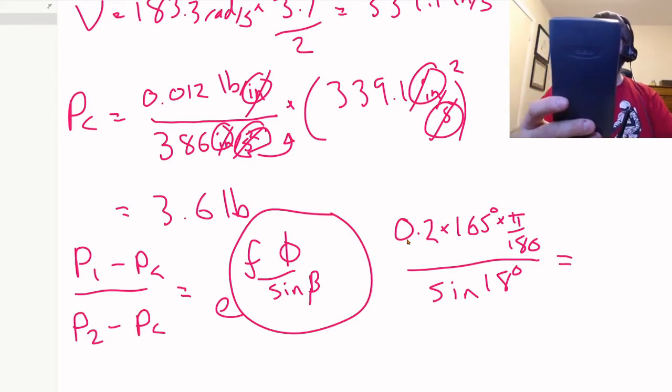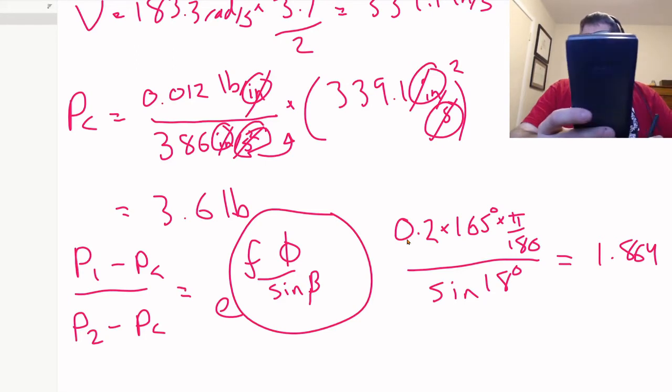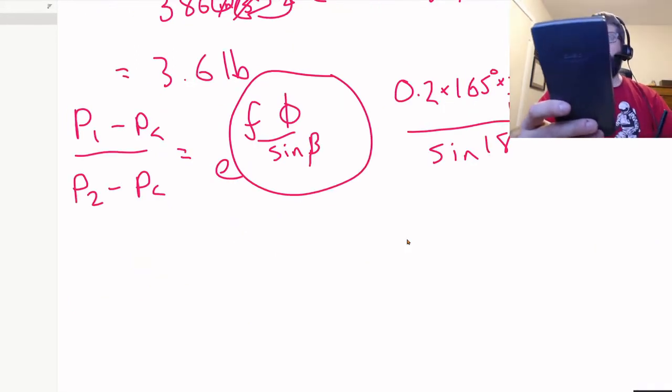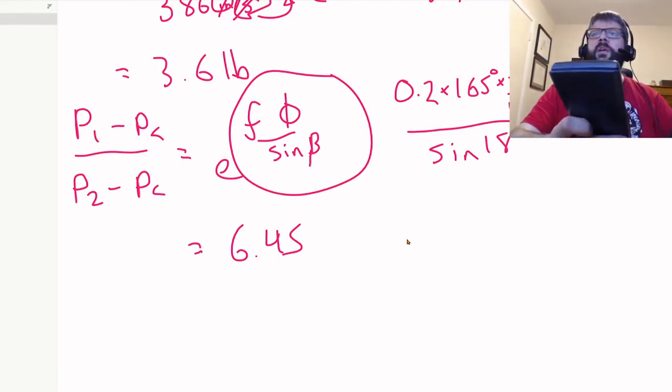That gives us 1.864. So e to the power of that is 6.45. And so yeah, that's our maximum ratio here, taking into account the PCs as well. So again, P1 minus our PC.